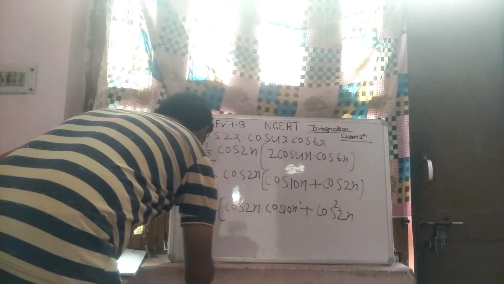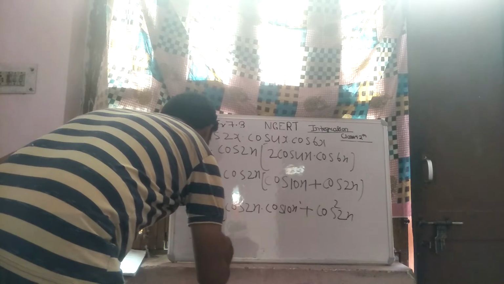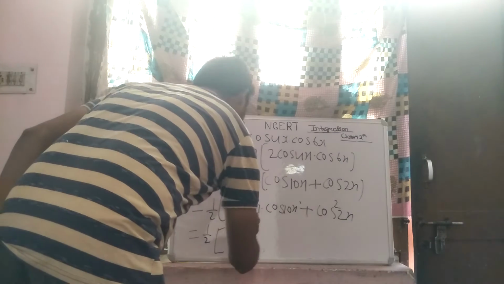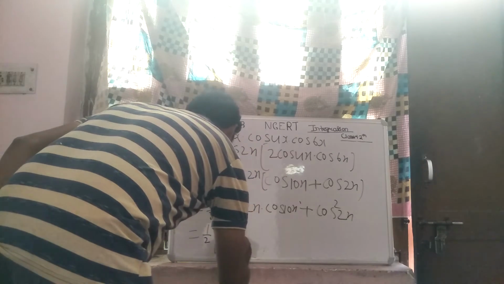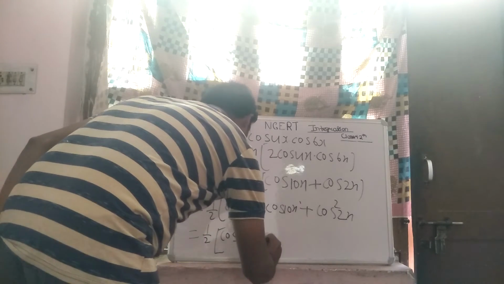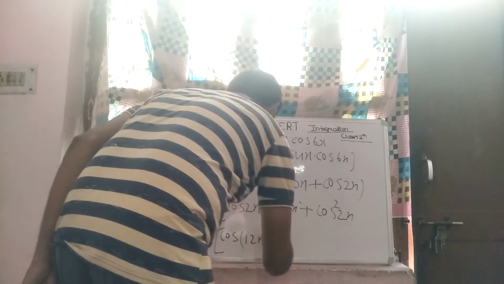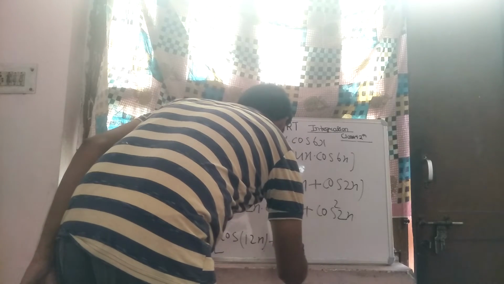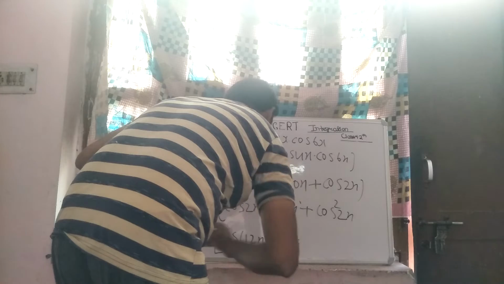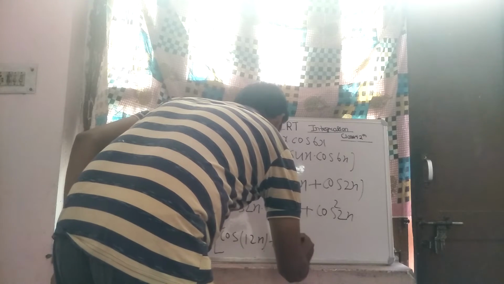Here we again have a multiplication of two terms. We write cos A into cos B, so cos (A plus B): 10 plus 2 is 12x, plus cos 8x.